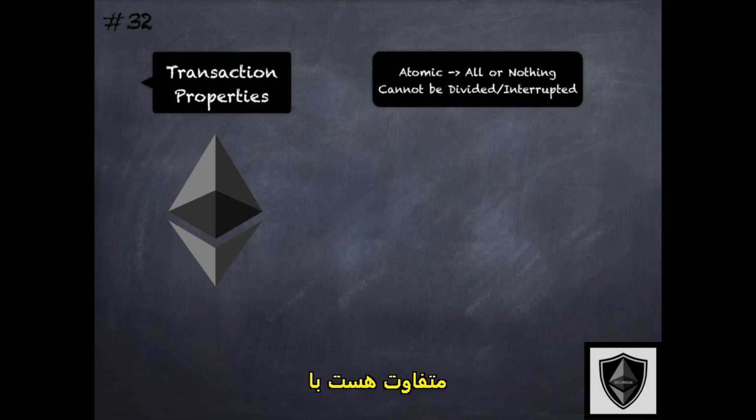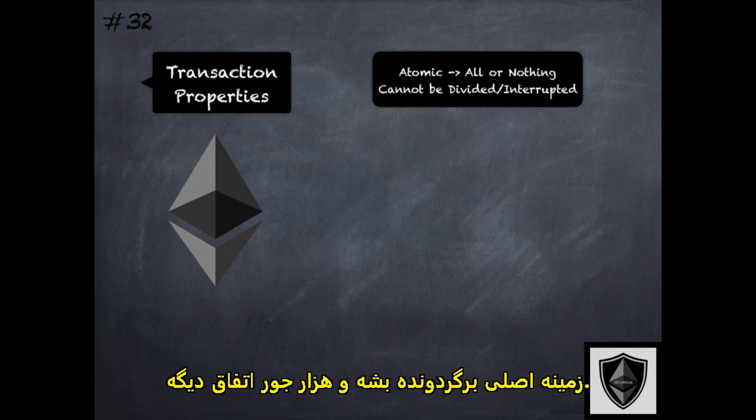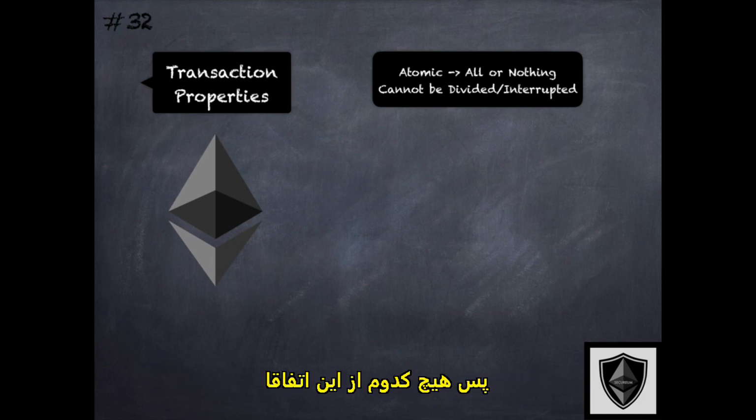And this is different from your traditional computing environments where a particular process or a particular control might be interrupted, gets context switched out, and then something else, a different process or a thread executes, and then the original context is brought back in. So none of that happens within the context of Ethereum. That is not a property of an Ethereum transaction.